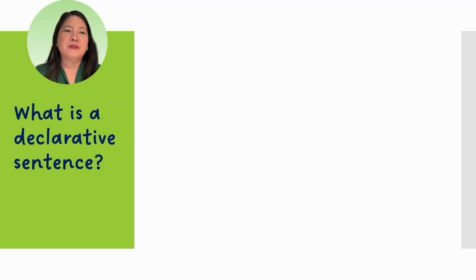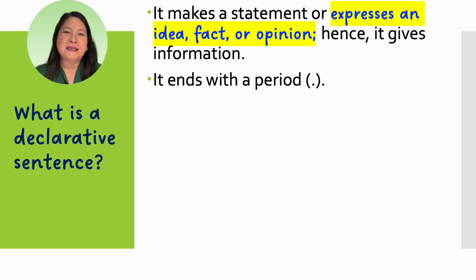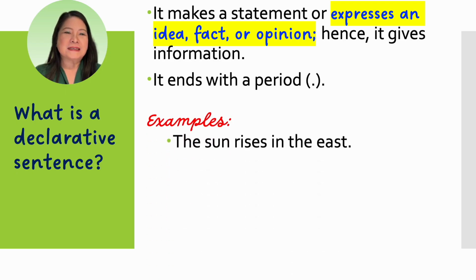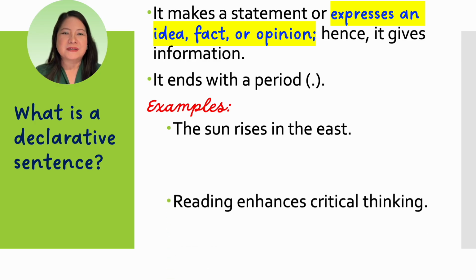Now, let's talk about the first one. This is declarative sentence. A declarative sentence makes a statement or expresses an idea, fact, or opinion. Hence, it gives information. And it ends with a period, don't forget. Examples: the sun rises in the east.